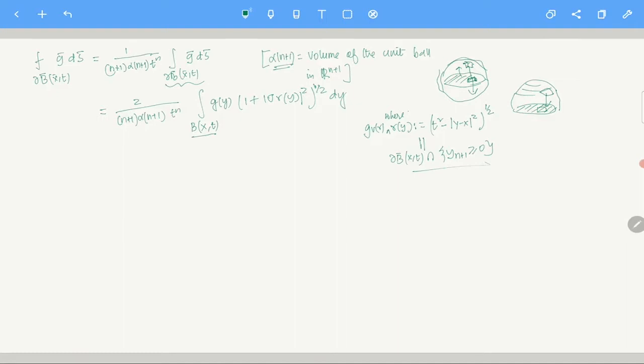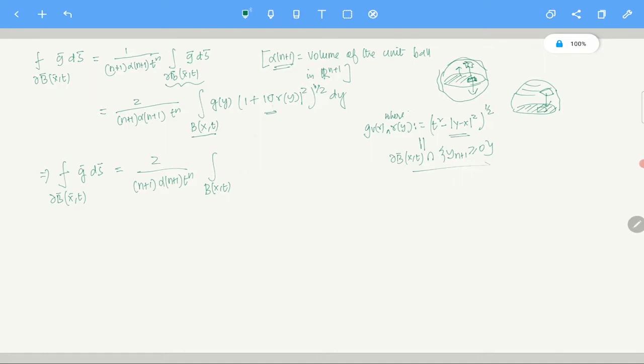Now we are going to simplify it a little more. The integral over the boundary of B bar(x,t) of g bar dS bar is given by, we will write it like this, 2 n plus 1 alpha n plus 1 t power n, the integral over B(x,t), and I will just replace this particular thing, gamma.